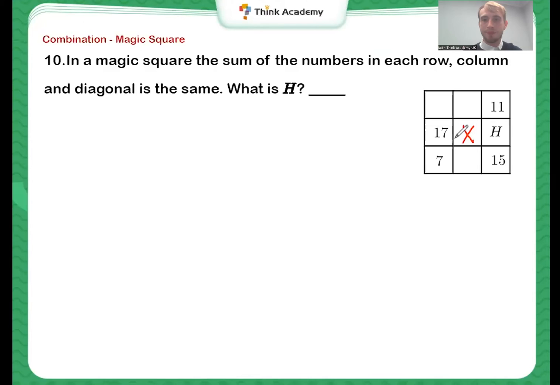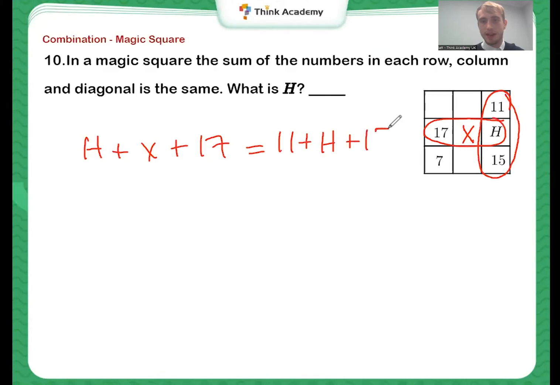Now, I know that the sum of the numbers in this row here, which is h plus x plus 17, is exactly equal to the sum of the numbers in the column, 11 plus h plus 15. Now, I've got 2 h's on each side.